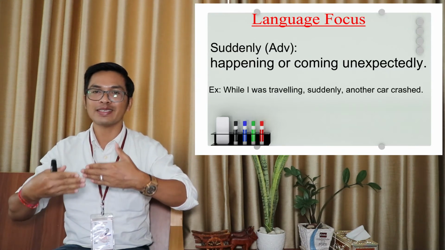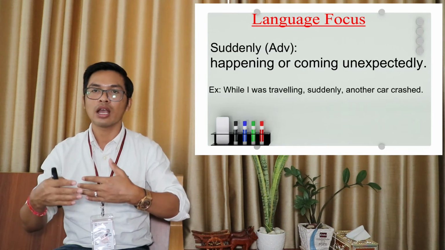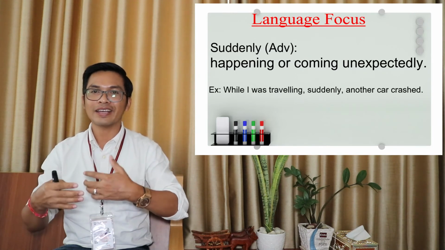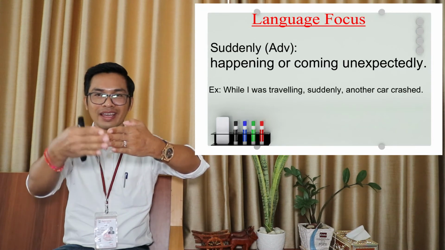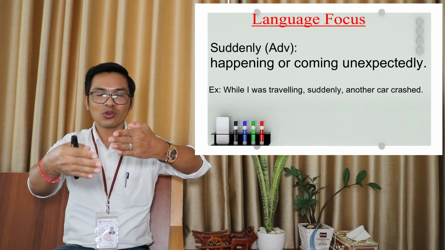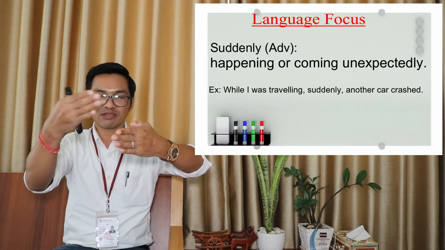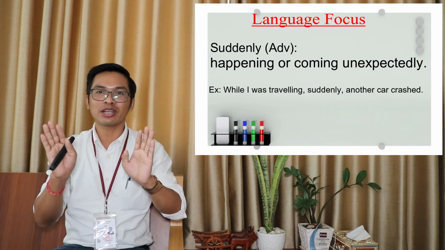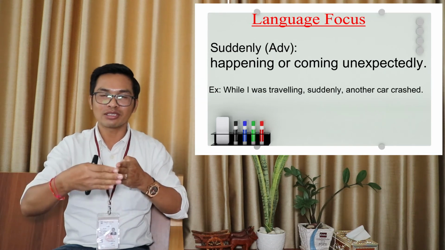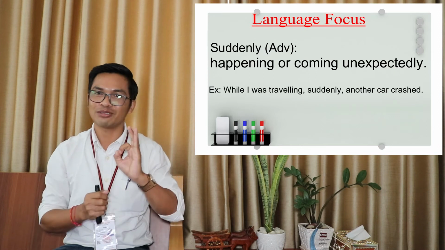For example, I said, while I was traveling along the road, suddenly another car crashed. So the other car crash was an interruption, and the action is happening unexpectedly. We don't know what happened to the car, but in front of us, we saw a car crash. Have you got it? Right.